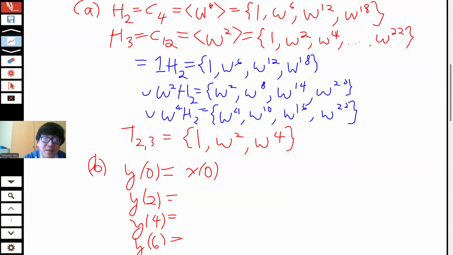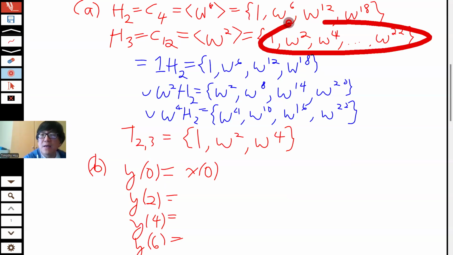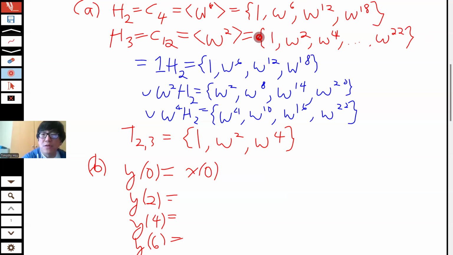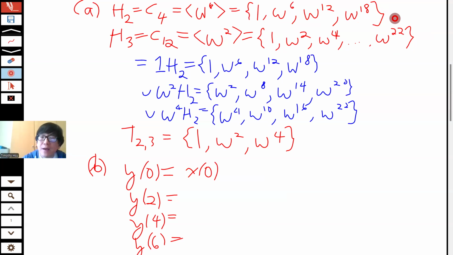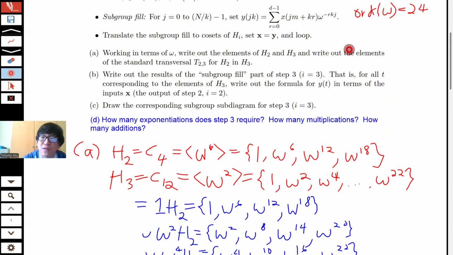So you can see these 0, 2, 4, 6, and so on over here correspond to the exponents in the new subgroup, 0, 2, 4 up to 22. And then the x values are just going to start off. So you can't just read this off the formula.